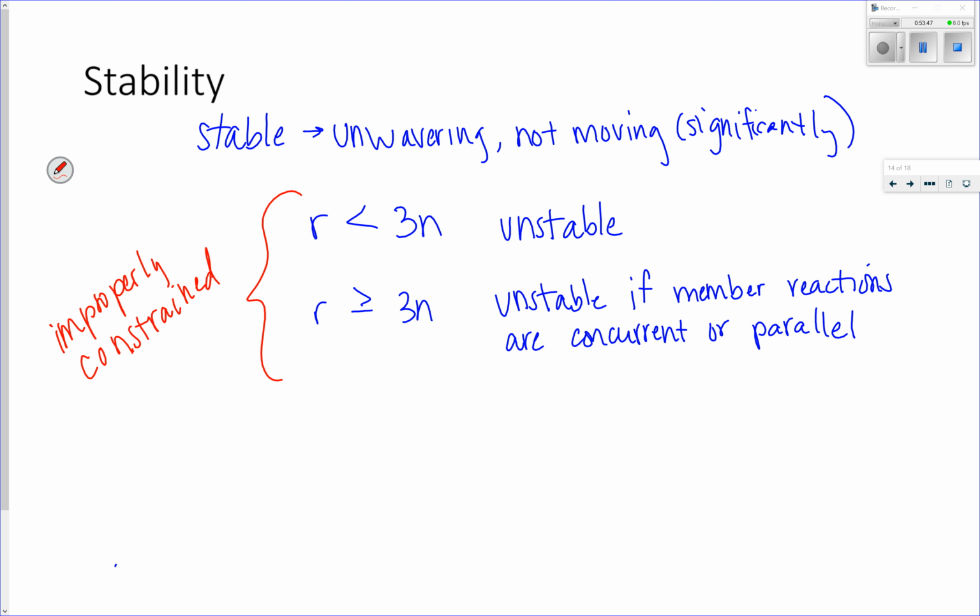So what does that look like? There's two different classifications. One being partially constrained, which is the first one, if you're unstable if you don't have enough reactions.